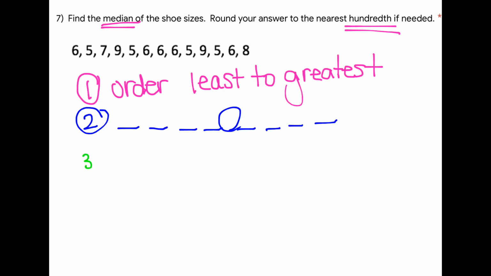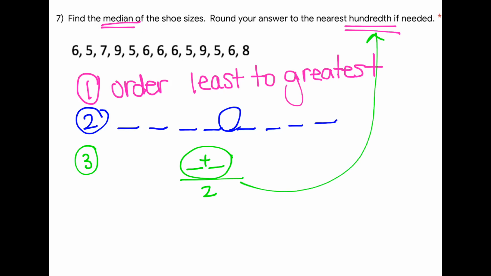Remember, if you have two numbers in the middle, you take those two numbers and you add them and divide by 2. That's only if you have two numbers left in the middle. You could just have one, but if you have two, you got to add and divide by 2, and that's when you would round. That's only if that happens. You could be left with just one.